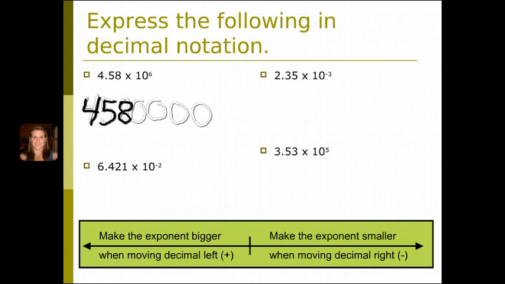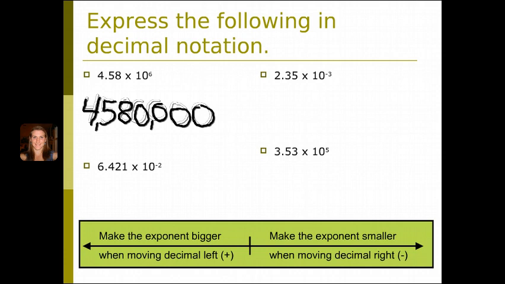That's moving it 2 places. By adding 4 more zeros, to make it the 6 places that's shown here on the exponent 6. So my number, we fill in our commas, would be 4,580,000.